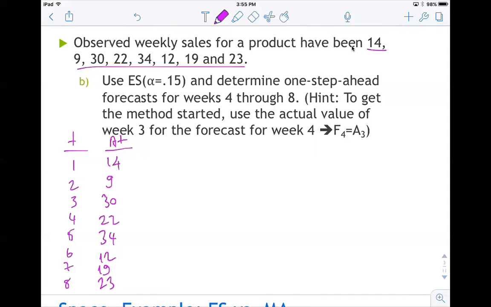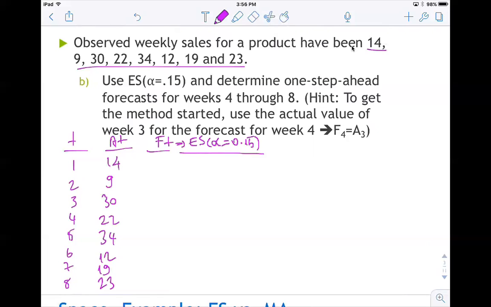And my future value, my forecast value, by using exponential smoothing with alpha equal to 0.15, I am going to calculate my forecast values by using these parameters.